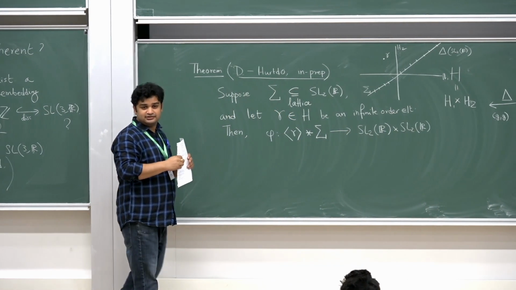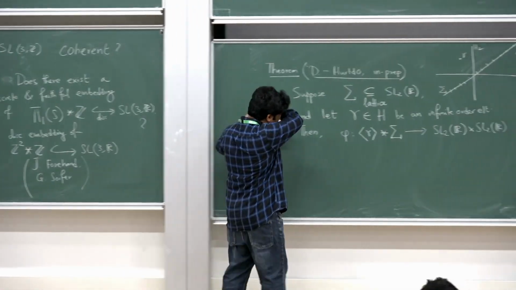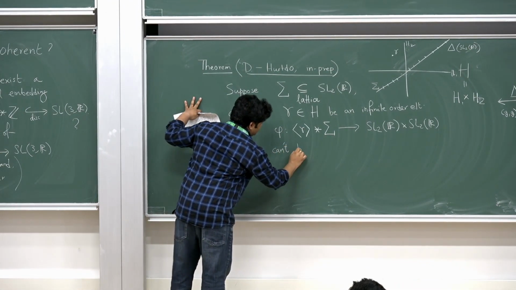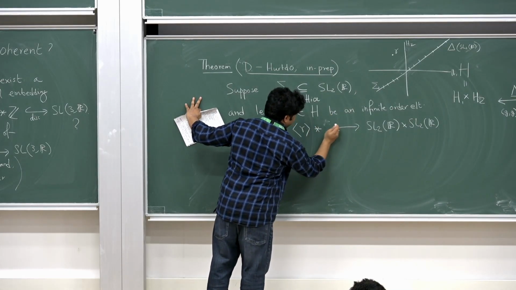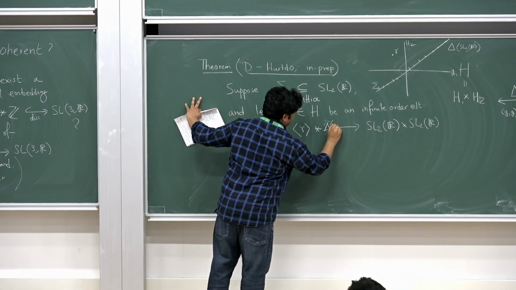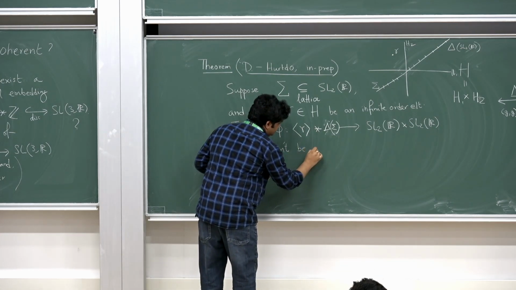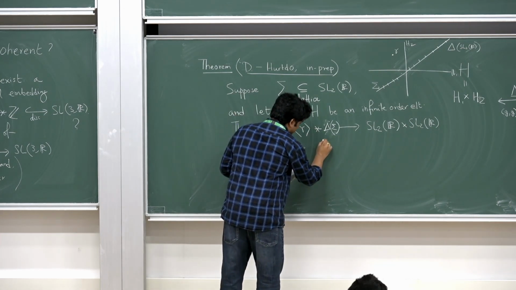Okay, this makes sense? This homomorphism cannot be, maybe I should put delta here to emphasize that it's diagonal. So this cannot be at the same time discrete and faithful.